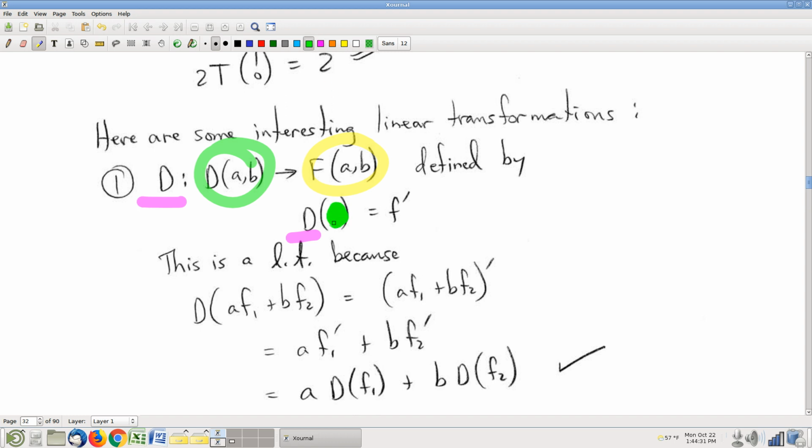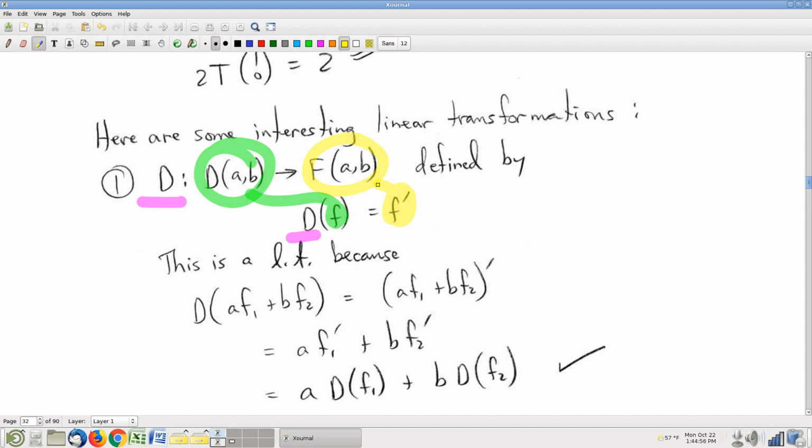If you give me a differentiable function, the value of D at this differentiable function is the derivative of that differentiable function. And of course, if you have a differentiable function, its derivative has to be defined everywhere. Therefore, we have a real valued function.